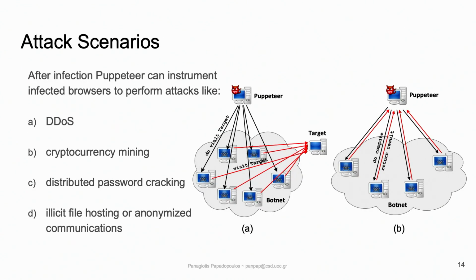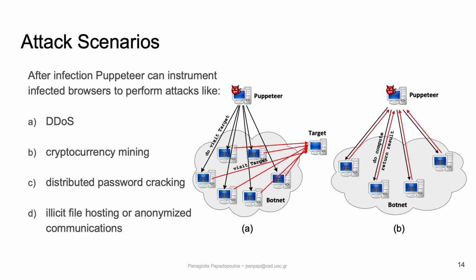Some possible attack scenarios that we are able to perform over MarioNet include the distributed denial of service by launching a large number of HTTP requests from multiple infected browsers against a single web server, cryptocurrency mining, where the CPU of the user is being used to mine Monero, or distributed password cracking, where multiple infected browsers perform brute force password cracking.